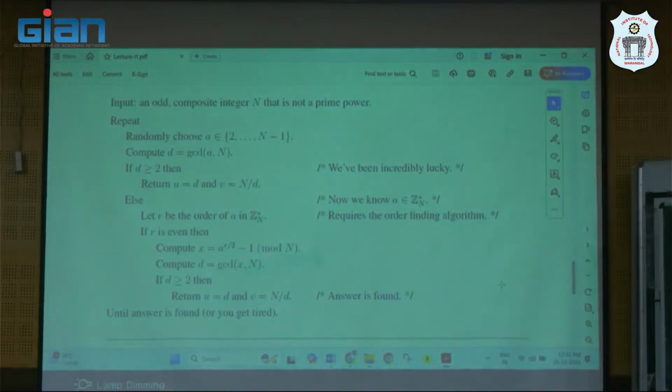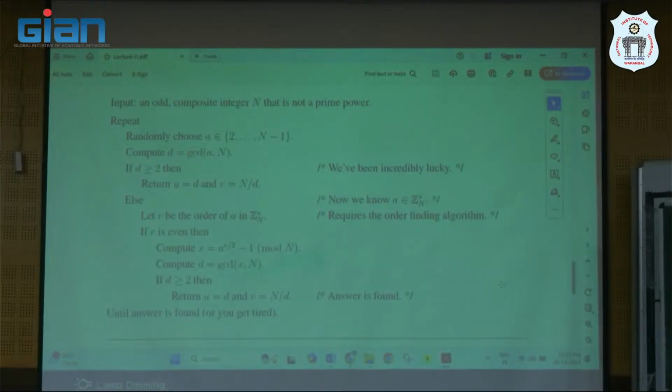Correct, but it's not a prime power. Oh, a single prime power. It is not a single prime to the something. Okay. All right. Agreed.